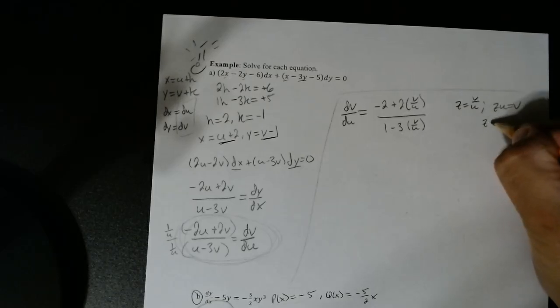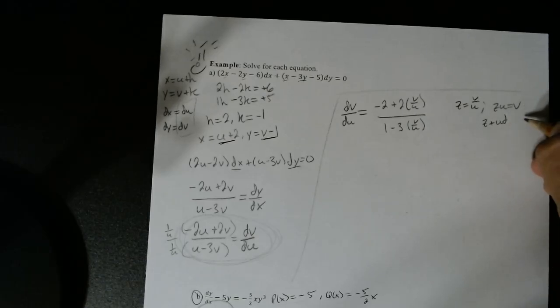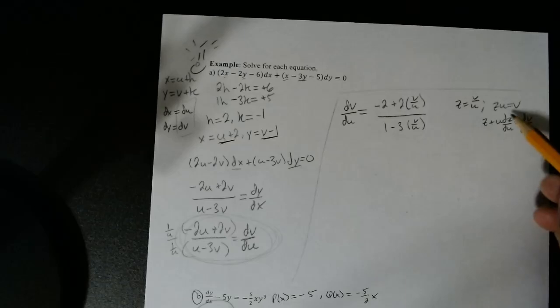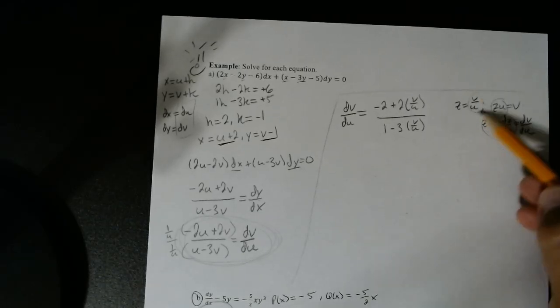So we just get z plus that. Okay, so now we're going to substitute this and this. Oh, sorry, for this.